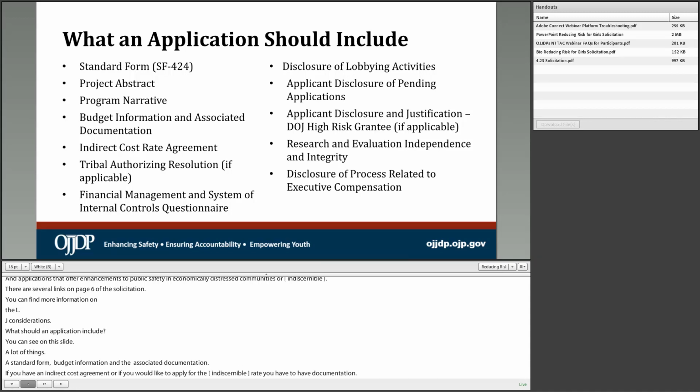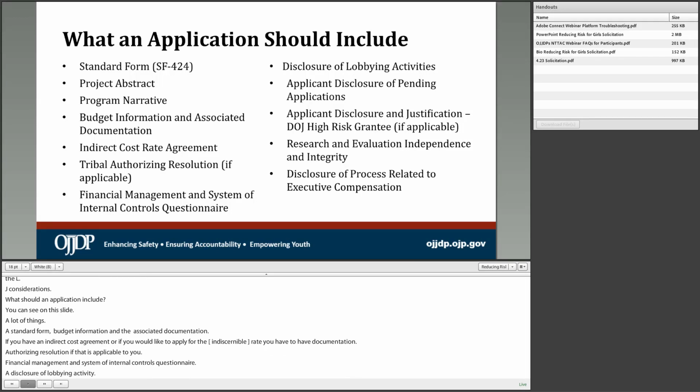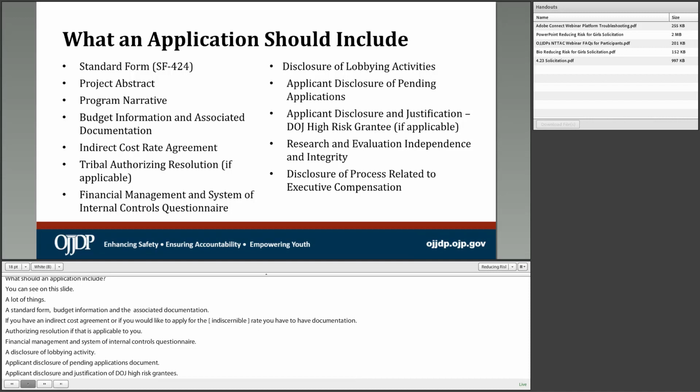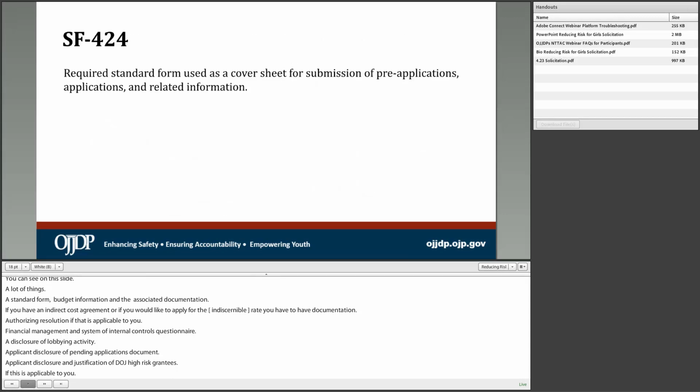A financial management and system of internal controls questionnaire. A disclosure of lobbying activities. Applicant disclosure of pending applications document. An applicant disclosure and justification of DOJ high-risk grantees, if this is applicable to you. A research and evaluation independence and integrity submission, as well as disclosure of process related to executive compensation.